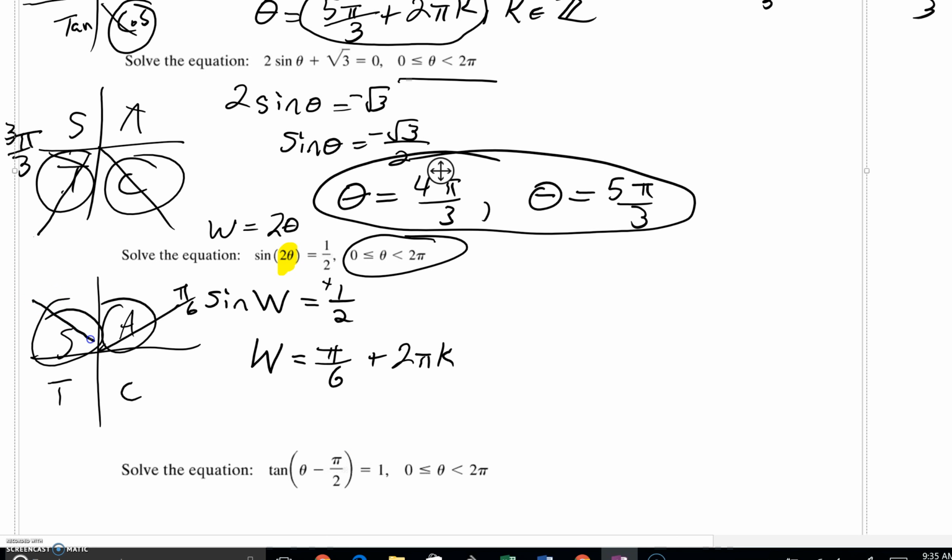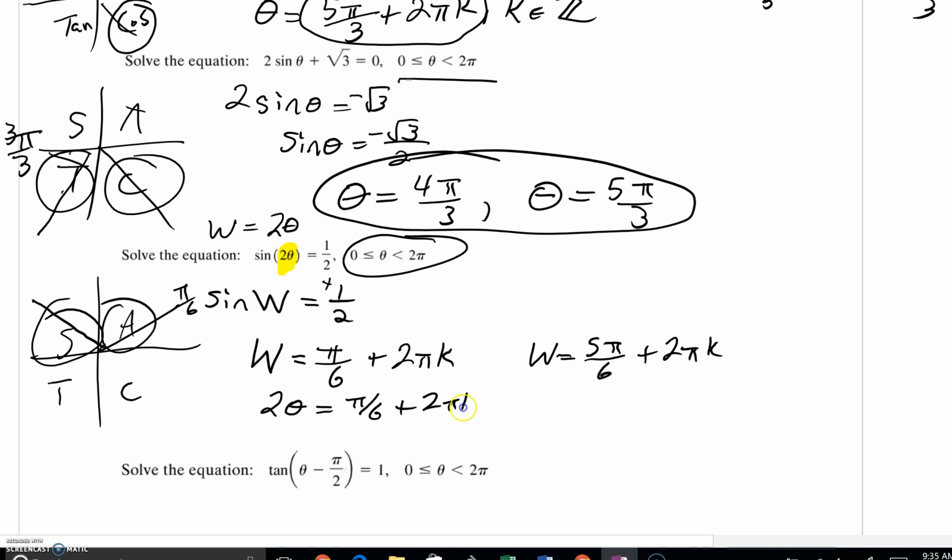There's this other quadrant over here. What would that be? W would be 5 pi over 6 plus 2 pi k. Now again, that can seem so strange, but what was W again? 2 theta. And you'd say, okay. Look, I'd have 2 thetas over here.